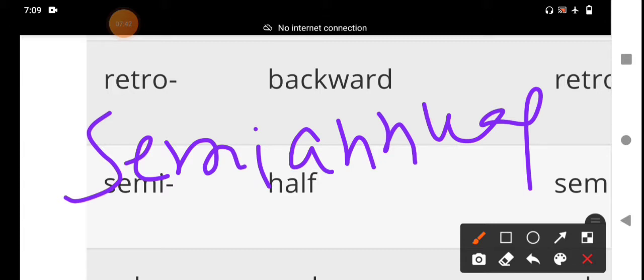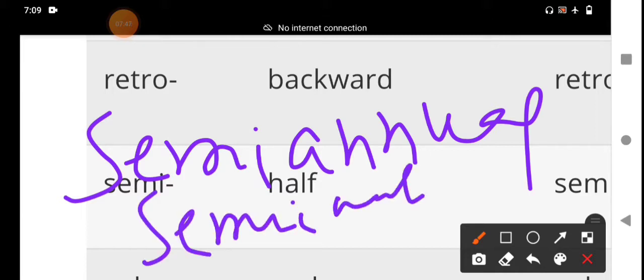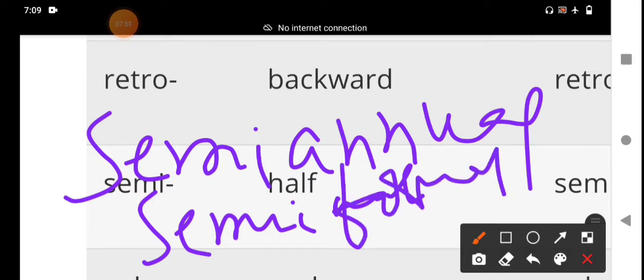Moderately formal, that is the meaning of semi-formal. Our language also, formal, semi-formal. Formal language, informal language. When we are writing official letters, we are using formal language. What is informal language?